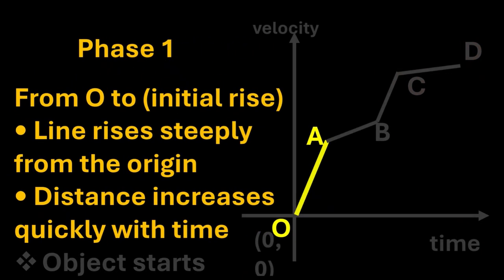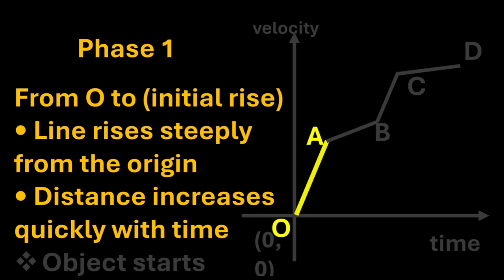Starting with phase 1. So what happens in phase 1? From O, which is the origin here, the graph has an initial rise, which is very steep. And this implies that distance increases quickly with time. So within a short span of time here, distance has gone very high.